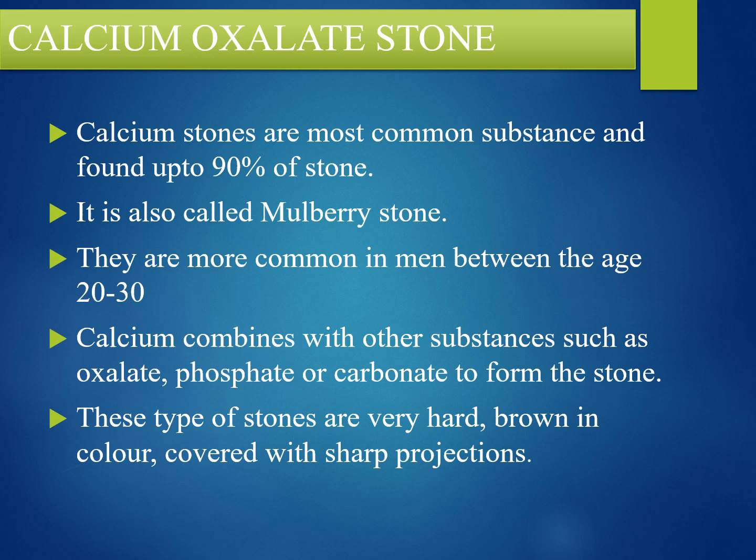These stones are more common in men between the age of 20 to 30 years. When calcium combines with other substances such as oxalate, phosphate or carbonate, it forms a renal stone. This kind of stone is very hard, brown in color, covered with sharp projections.